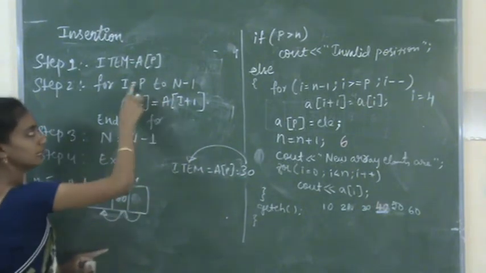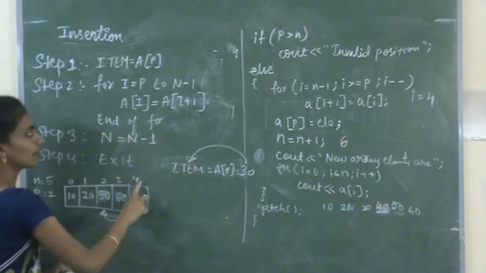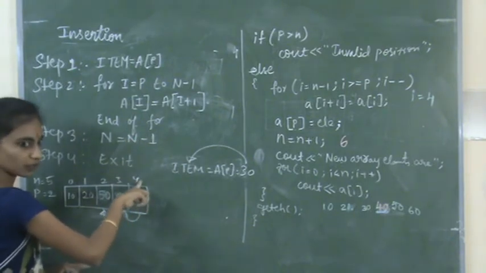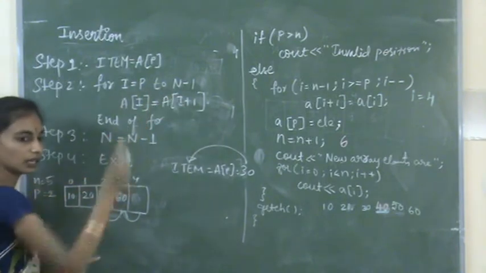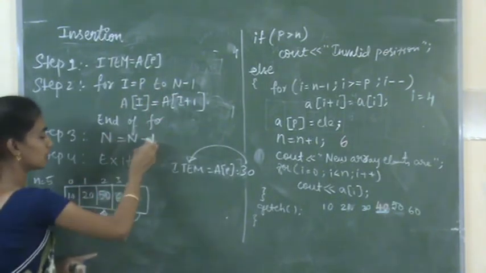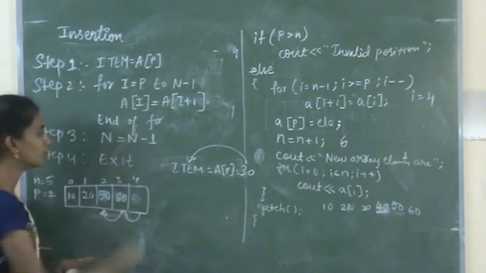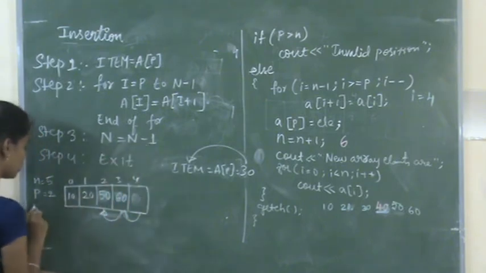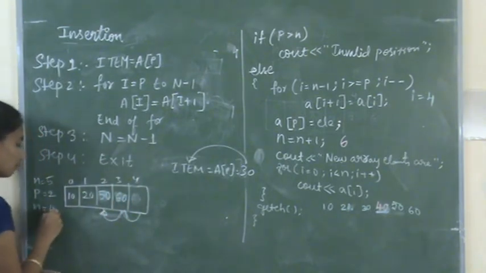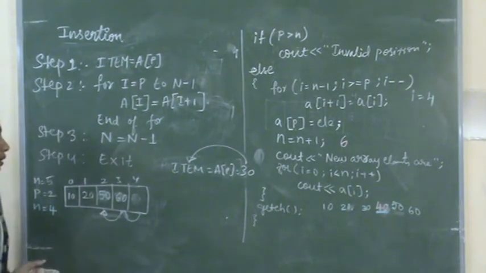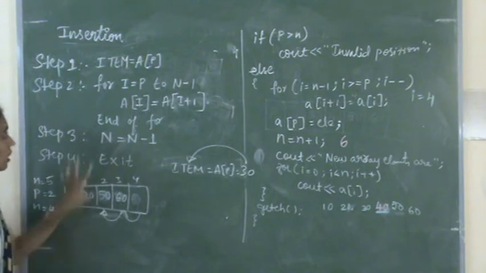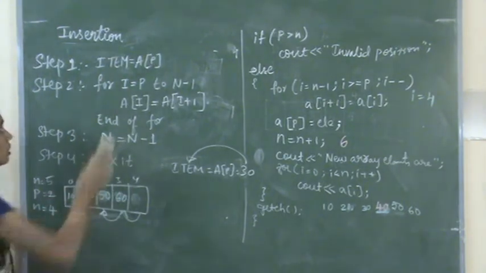Again it increments the I value, so I becomes 4. Is 4 less than n minus 1? That is false, right? It comes out of the for loop and decrements the n value. So now n becomes 4, and then we exit from the function. This performs the deletion operation.